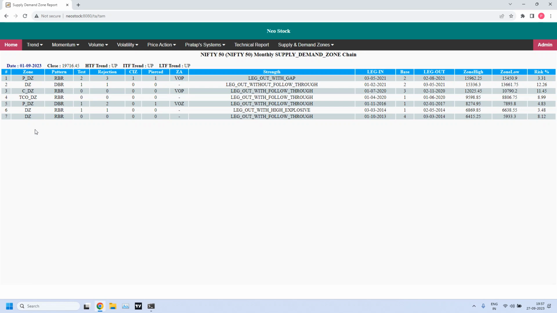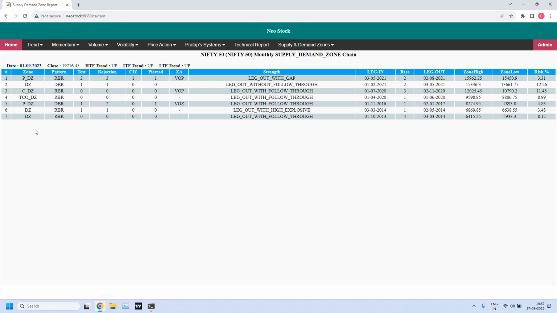Whatever you train, it is not easy to identify all high liquidity zones. Maybe you may find one or two high liquidity zones because of your experience, but you cannot identify every high liquidity zone because it needs a lot of analysis if we want to do it manually.